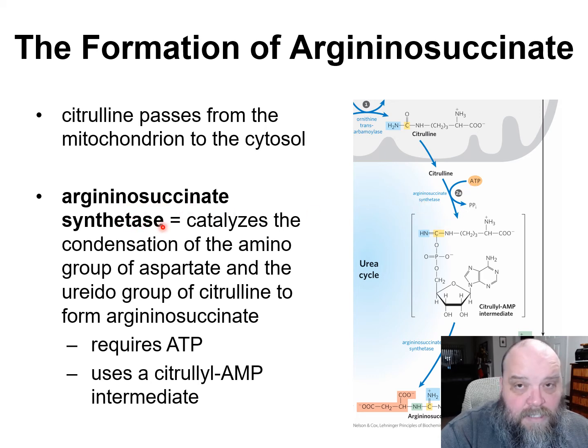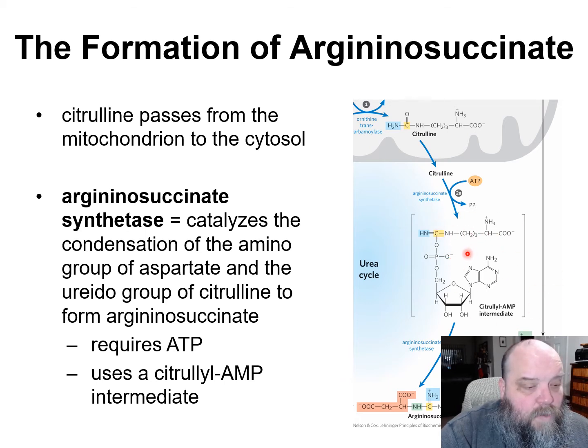Argininosuccinate synthetase synthesizes, and here's what it synthesizes, argininosuccinate. This cytoplasmic enzyme cuts off, as I said, the 2 terminal phosphate groups off of ATP, and then adds AMP, this nucleotide, to that carbon that was from carbamyl, which was from the carbonate.